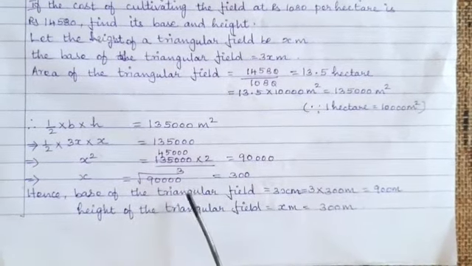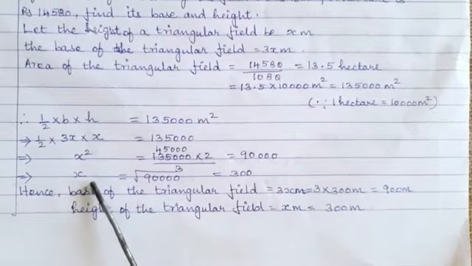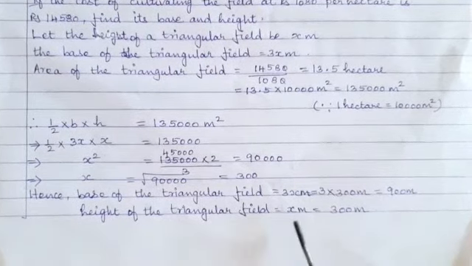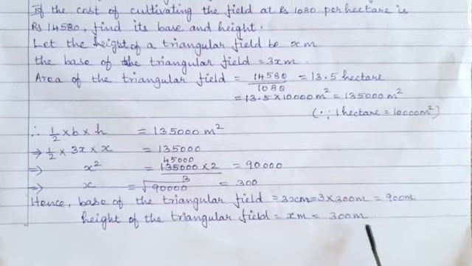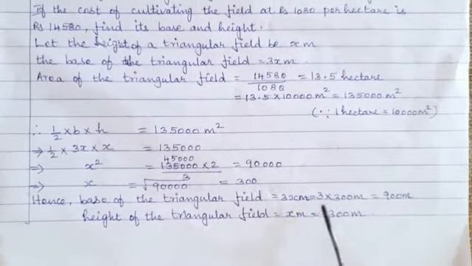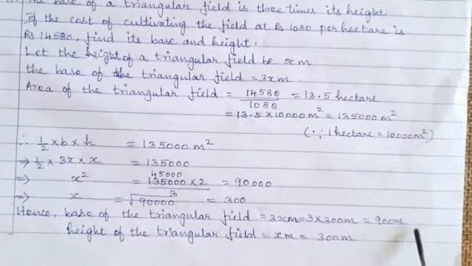After doing the prime factorization, we will get 300. Now we will apply this value in the assumed height of the triangular field. That is, the height of the triangular field equal to x meter, that is 300 meter. Then base of the triangular field equal to 3x meter, that is equal to 3 into 300 meter, is equal to 900 meter.